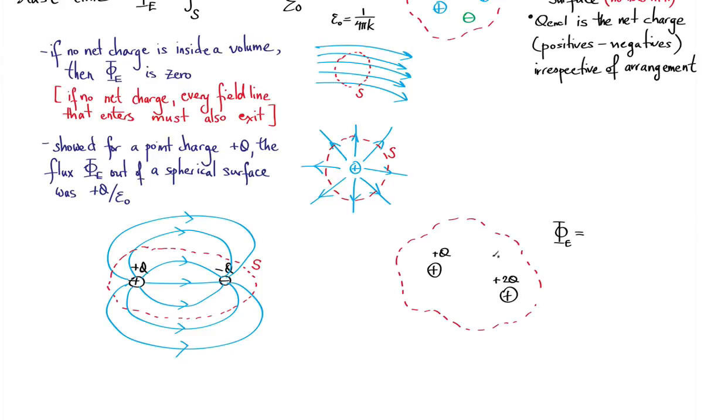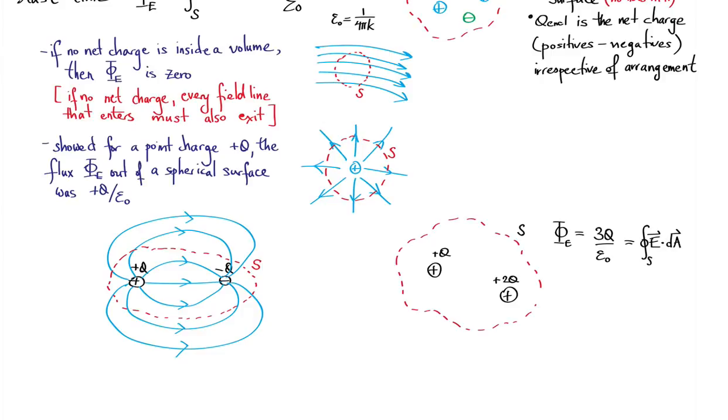So it should be plus Q plus 2Q, so it should be 3Q over epsilon naught. Now, how can we see that in terms of doing the integral, right? That should be the integral of E dot dA over this funny looking surface S.